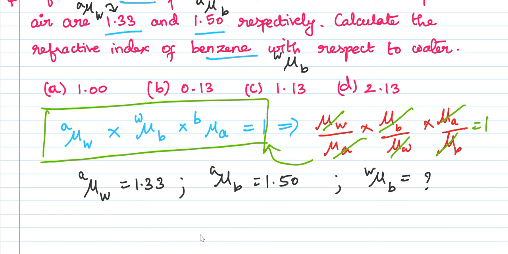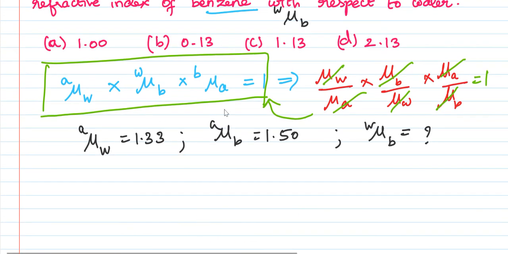So let us see how we are going to use this given hint. Okay. So for that what we are going to do is, let us substitute the known data in my hand as per this formula. So mu air water, that is water with respect to air is there in my hand. So 1.33. This I am supposed to find. So I don't know the data.